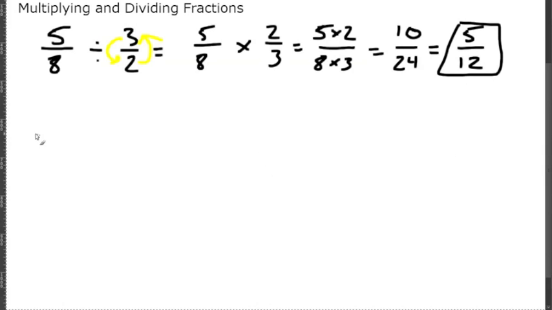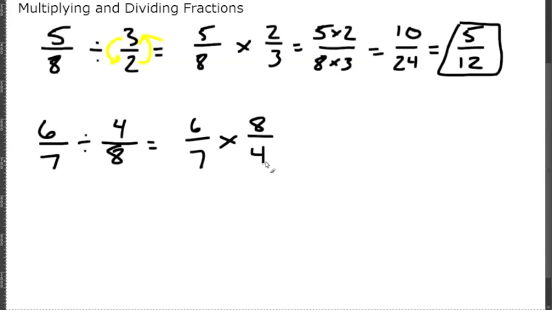On to our last example, we're going to do 6/7, so 6 over 7 divided by 4/8. We're going to start by flipping the second fraction, so it's going to be 6 over 7 times 8 over 4.